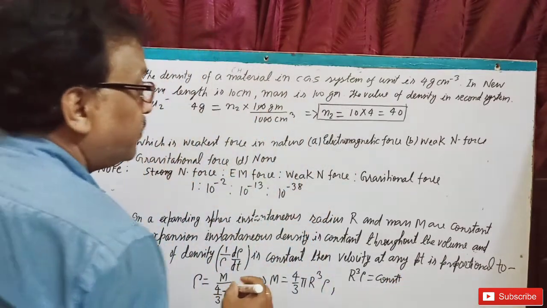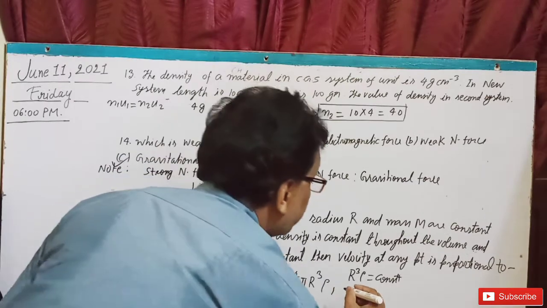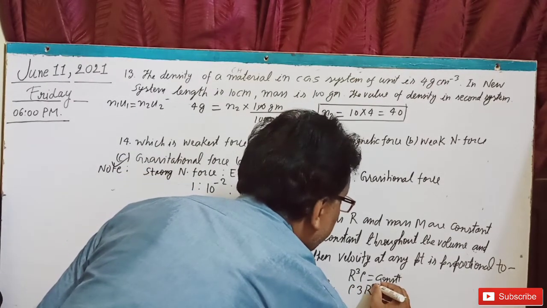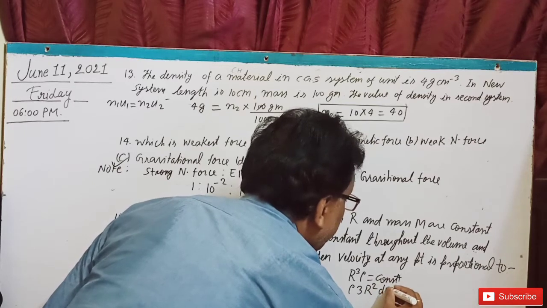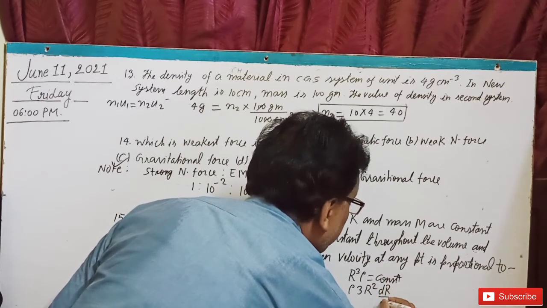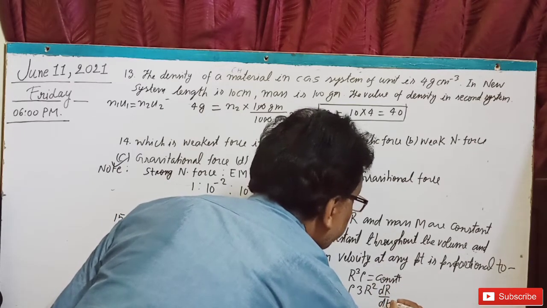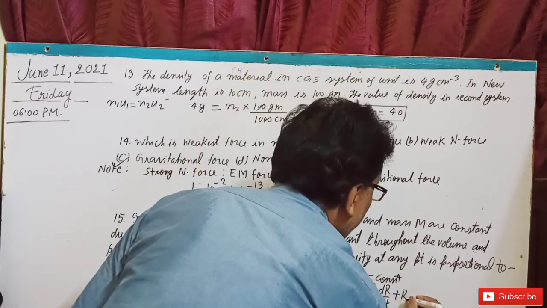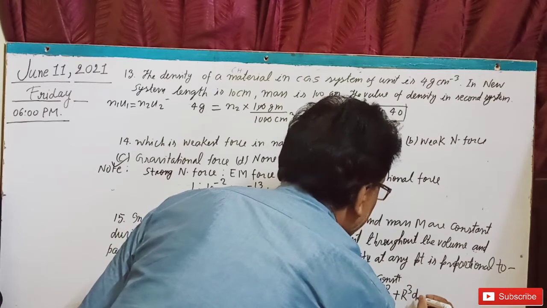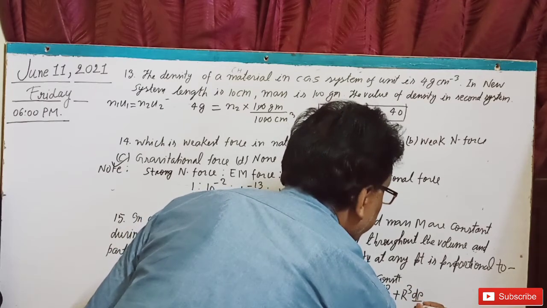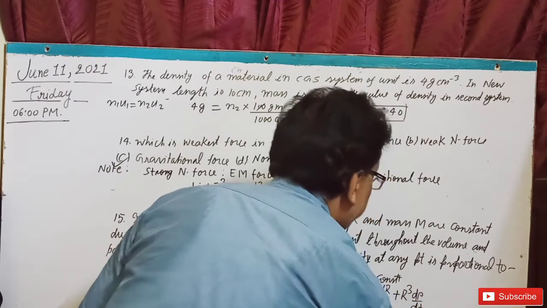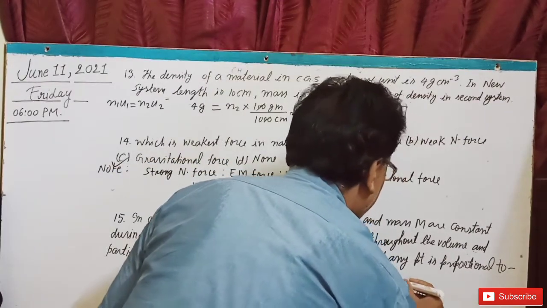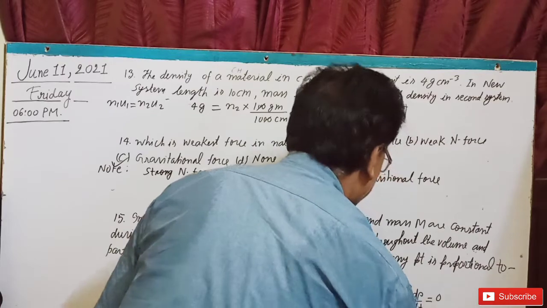Now differentiate it. rho 3r square dr by dt plus r cube d rho by dt is equal to, differentiation of a constant goes to 0.